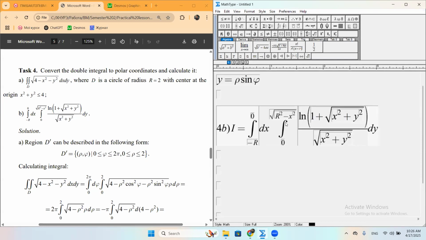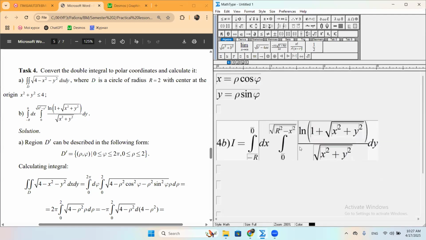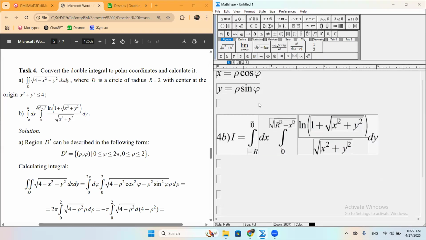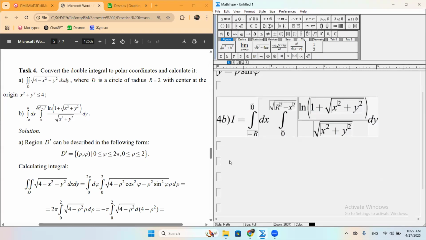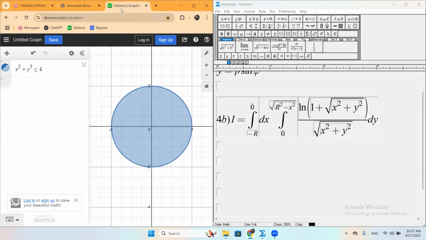So of course, calculating this integral in rectangular coordinates is not really convenient, as we can see from this expression, but transferring to polar coordinates will simplify our task. So let's first of all plot the region.